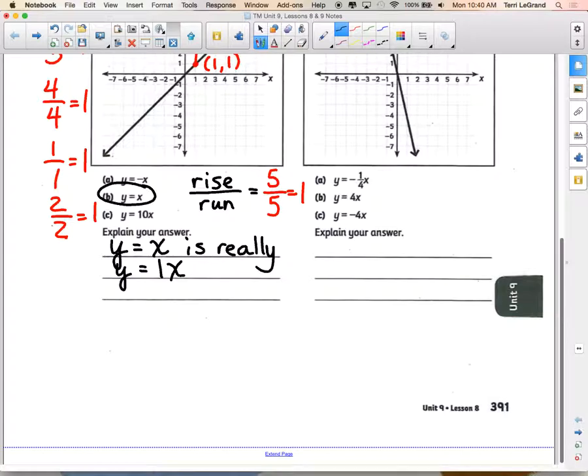When there's an invisible multiplier, that invisible multiplier is 1. So y equals x is really y equals 1x, and slope is 1. That's what we found out, didn't we? Okay, write that down. It says explain.